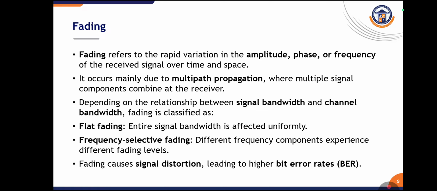Depending on the relationship between signal bandwidth and channel bandwidth, fading can be classified as flat fading, where the entire signal bandwidth is affected uniformly, and frequency selective fading, where different frequency components experience different fading levels. Fading causes signal distortion leading to higher bit error rates.